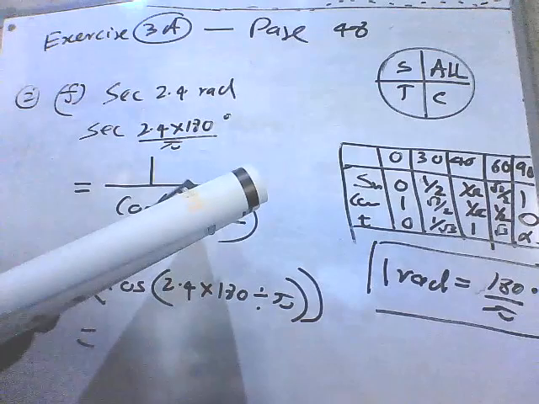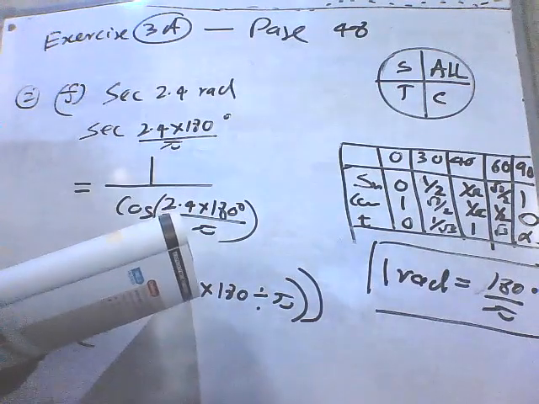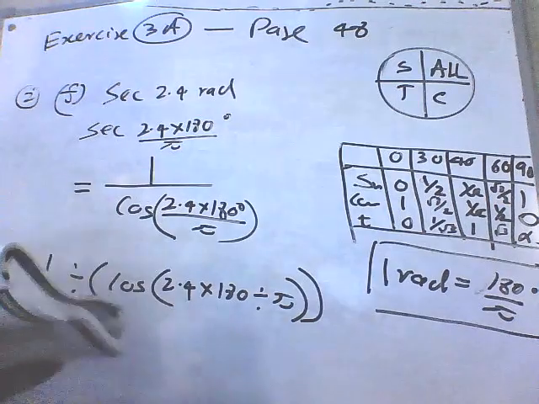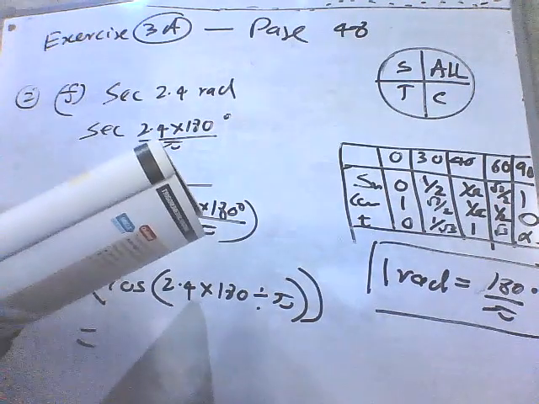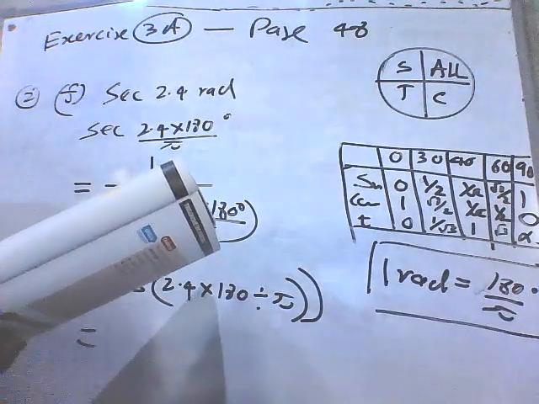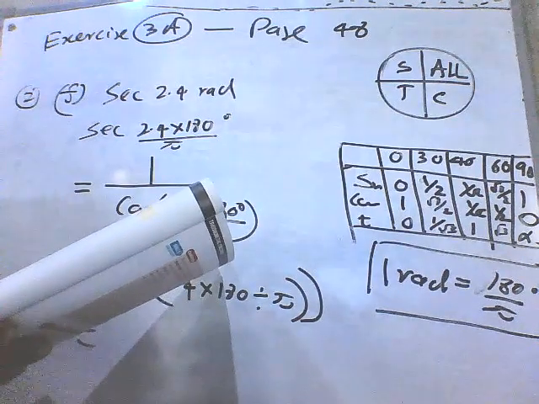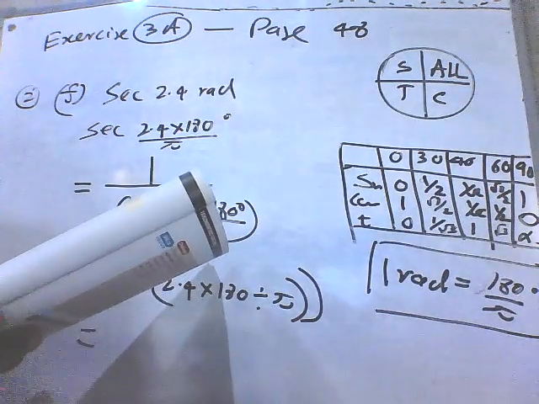Now here in question 2, you have to leave it as 3 significant figures, because it is not an exact answer. But in question 3 they are asking us to find the exact value, as an integer or a fraction or a surd, of each of the following.